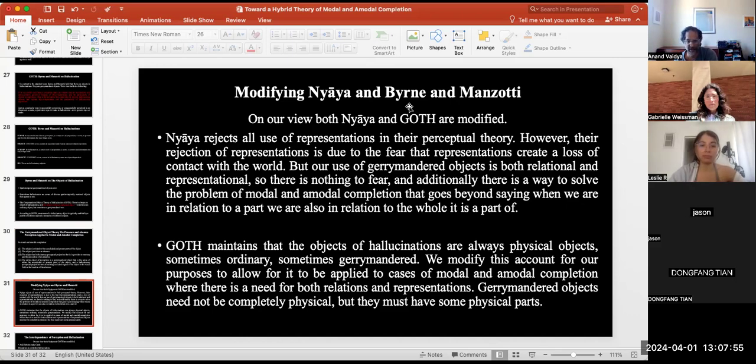And additionally, there's a way to solve the problem of modal and amodal completion that goes beyond saying when we are in relation to a part, we're also in relation to the whole it is a part of. So we think it's okay to say that although classical Nyayikas would have denied that we can have any form of representation as part of the view, it's okay to modify the theory to be a form of impure relationalism that has some representations going on.